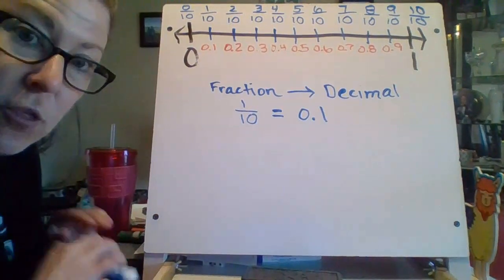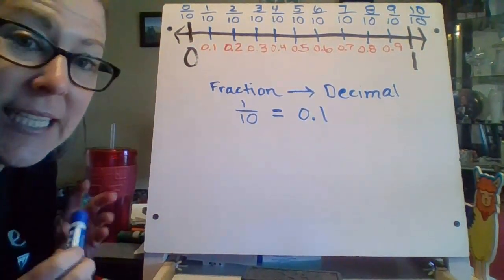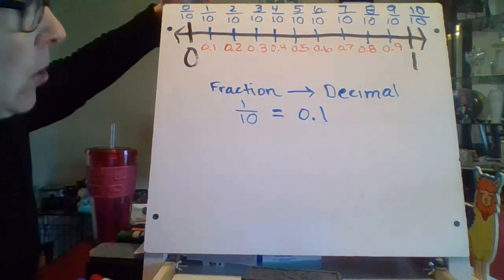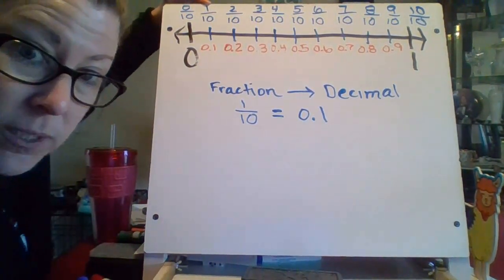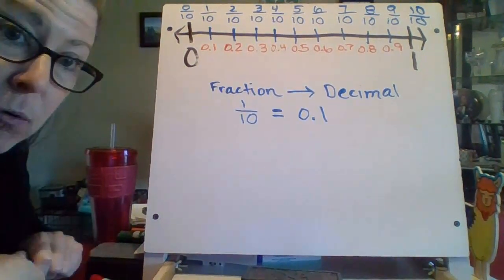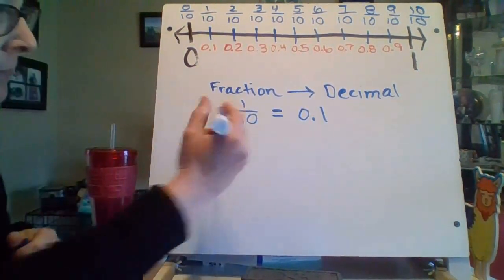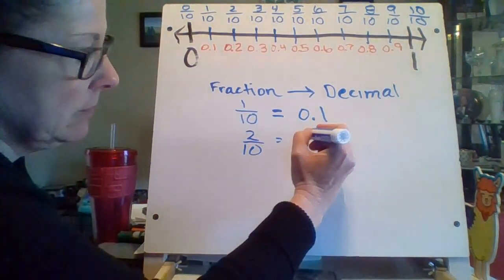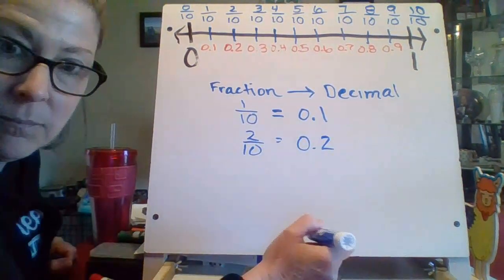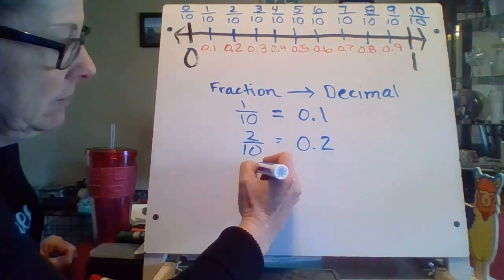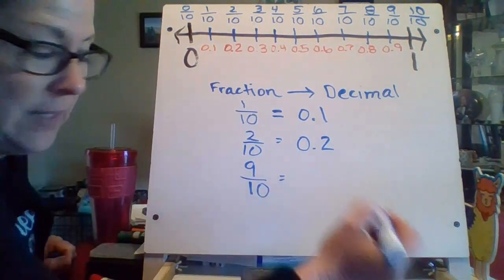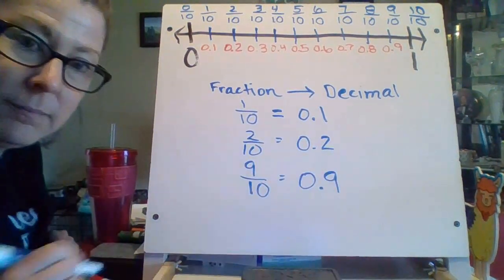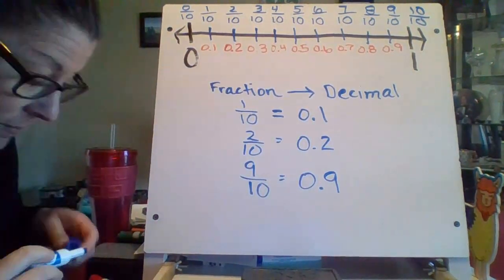So each of the fractions is equal to its corresponding decimal. 1/10 is equal to 0.1, but we read both of them as 1/10. 2/10, 2/10. 9/10, 9/10.